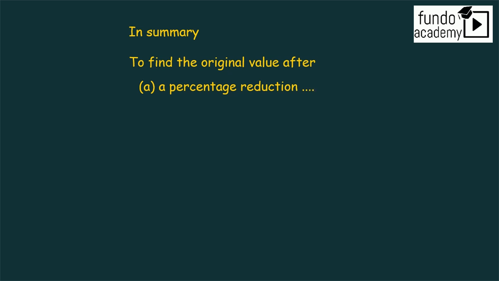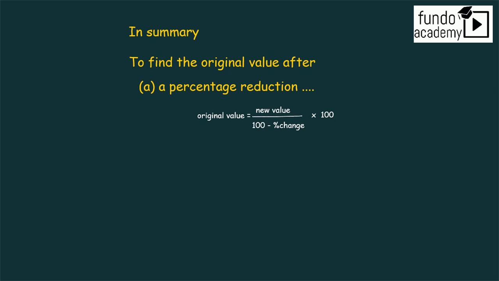All right, so in summary, we are saying that in order for us to find the original value on part A, after a percentage reduction, the original value will be equal to the new value divided by 100 minus the percentage change, and that's multiplied by 100, always remember that.